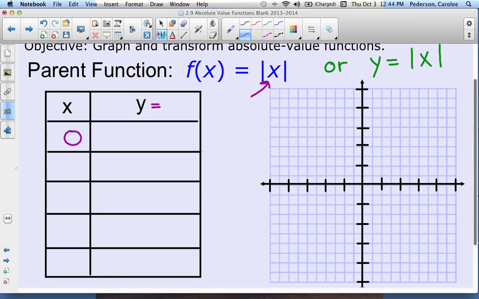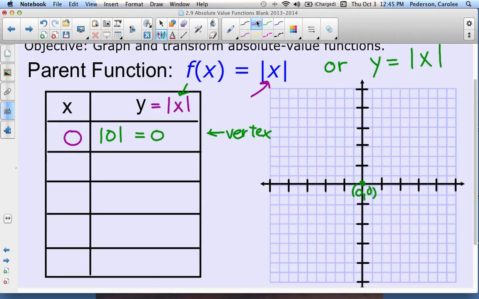So y equals the absolute value of x, and the absolute value of 0 is 0. So we're going to graph this first ordered pair, 0, 0. This is, in the parent function, the minimum point, or what we also call the vertex.